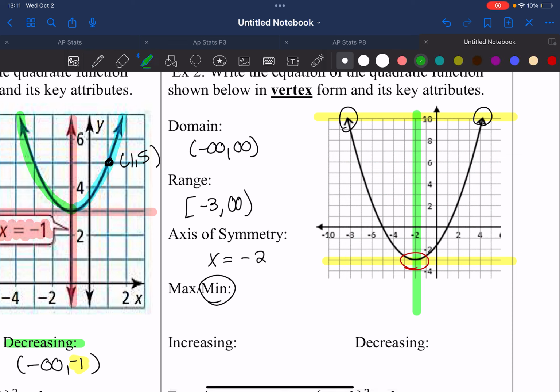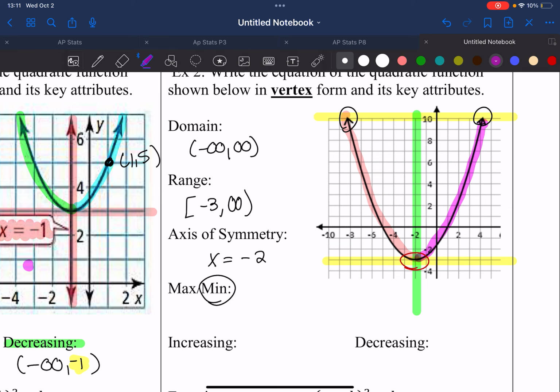And then we have to decide which side is increasing and which side is decreasing. So since our graphs look the same on example 1 and example 2, we know it's going to be the same side that is increasing versus the same side that is decreasing.